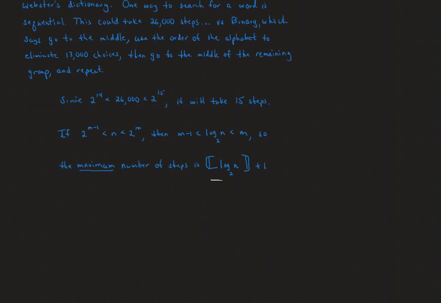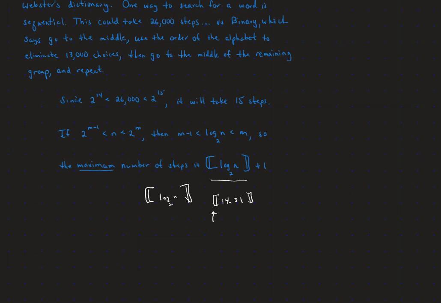What this symbol means right here is the greatest integer less than or equal to the logarithm base 2 of n. So, like we saw up here, the logarithm base 2 of 26,000 is going to be 14 point something. I don't know what, I'm just going to make it up, say 14.31.